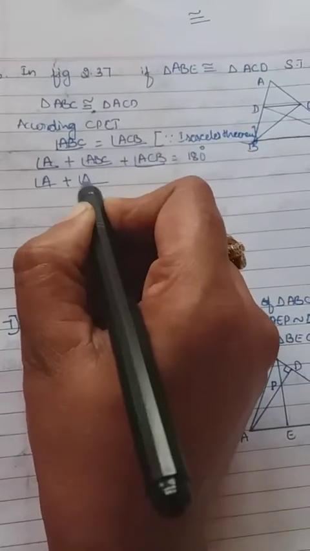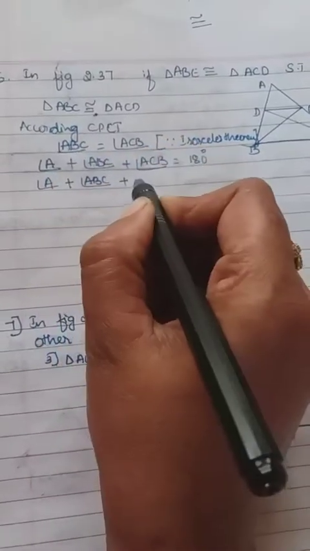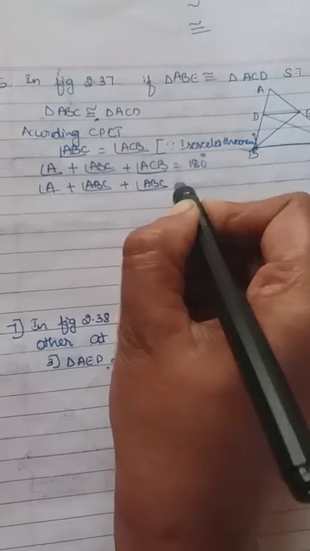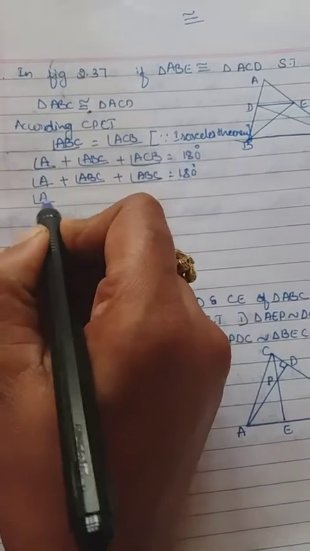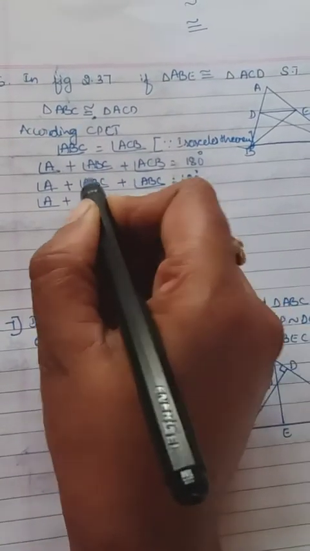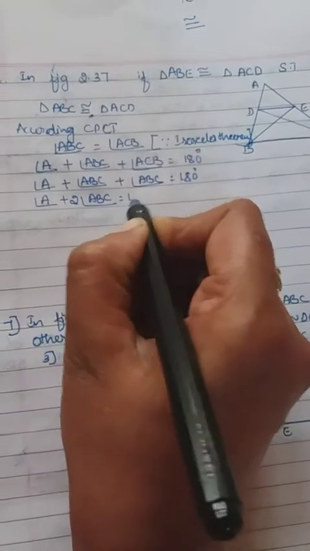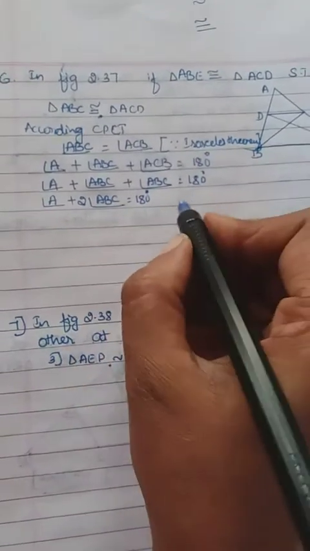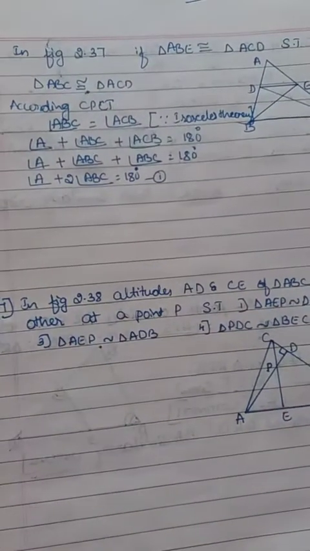So angle A plus 2 angle ABC equals 180 degrees. Take this as equation 1.